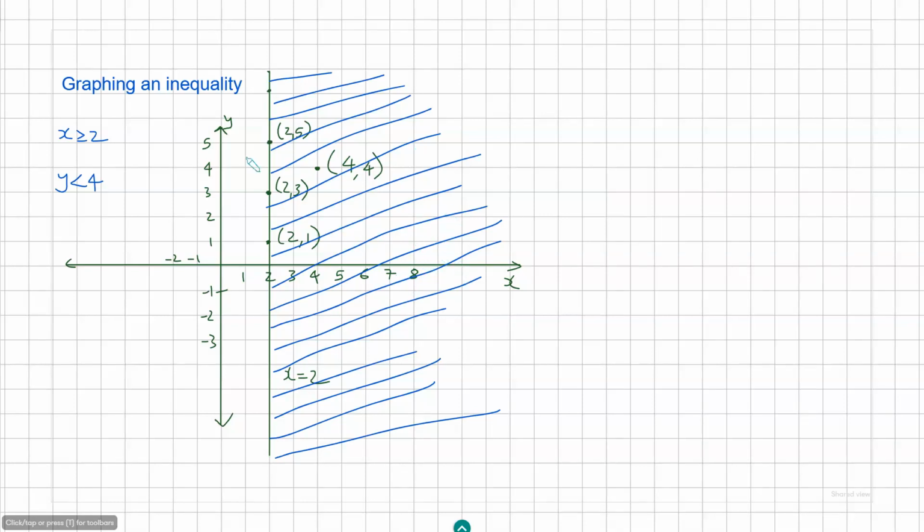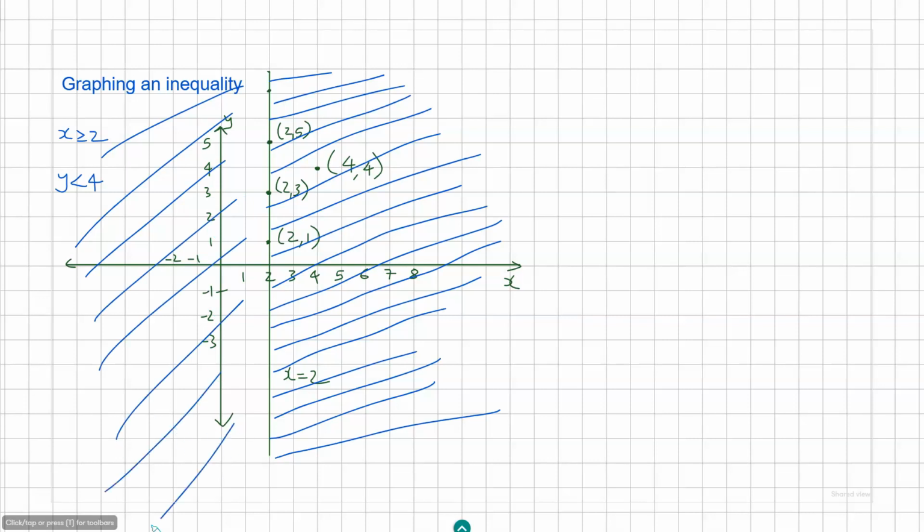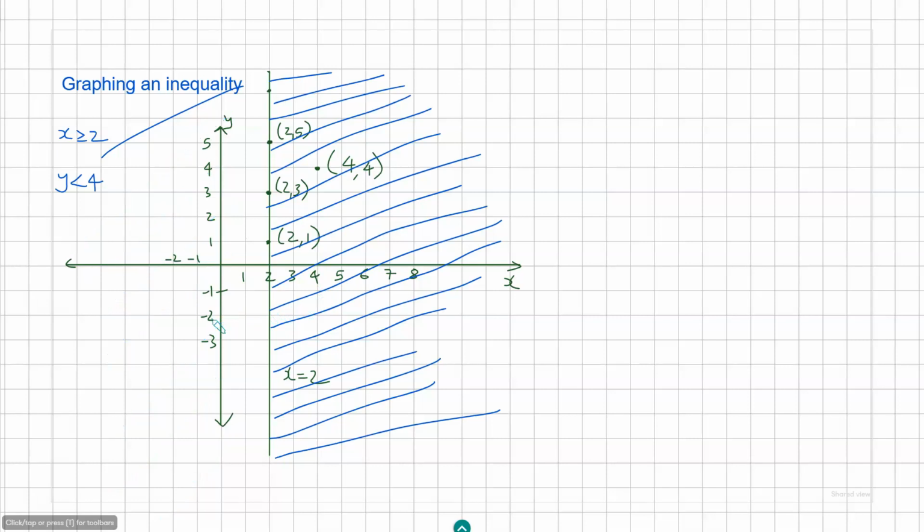So how do you know for sure that this is the area and not this area? For that you can just take some sample point. Let's say you take the point 4, 4 itself, the point that you have marked here.